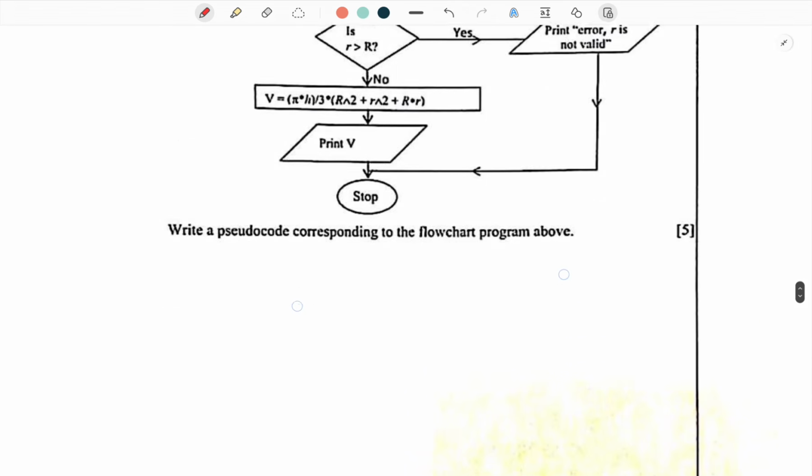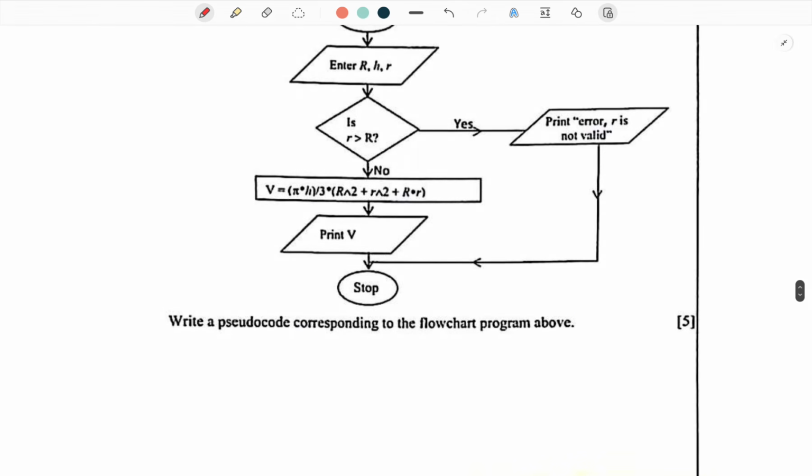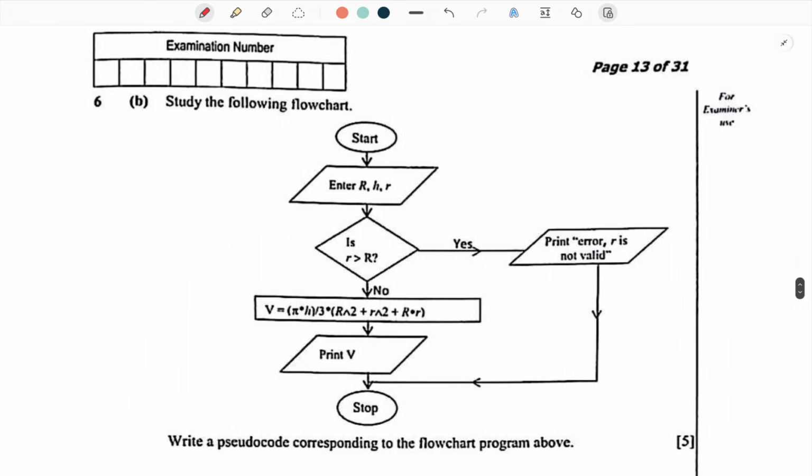Okay, let me write it here. We have enough space, but we can do it from here. So the first thing to do is write your start. When you write your start, as I have written, the second thing is enter. You don't write enter whenever you write in a pseudocode.